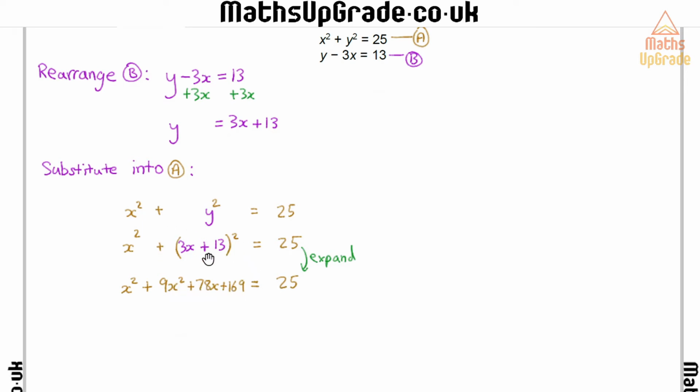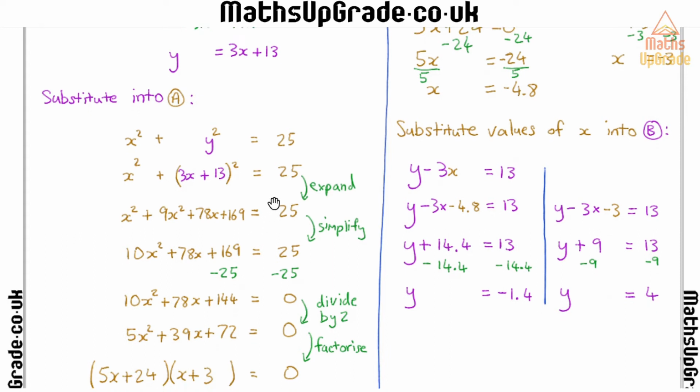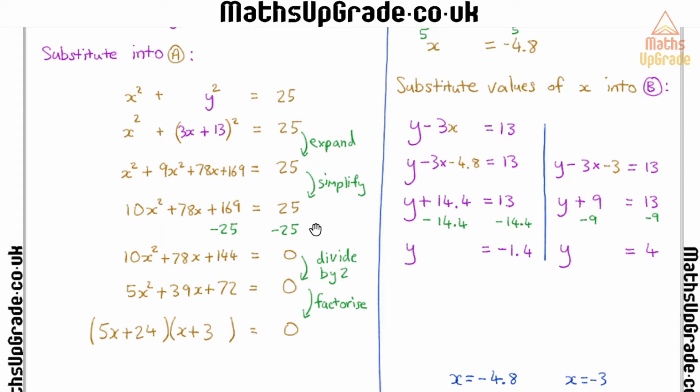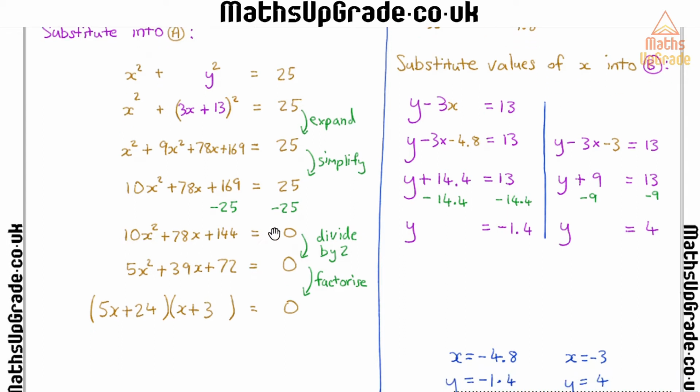Remember, when I'm expanding these brackets, it's a double set of brackets here, so I've just skipped a step here. The next thing I'm going to do is simplify, so I'm going to collect like terms on this side. x squared plus 9x squared is 10x squared plus 78x plus 169 equals 25. I'm now going to get it in the form of a quadratic by subtracting 25 from both sides to make it equal to 0. So that gives me this here.